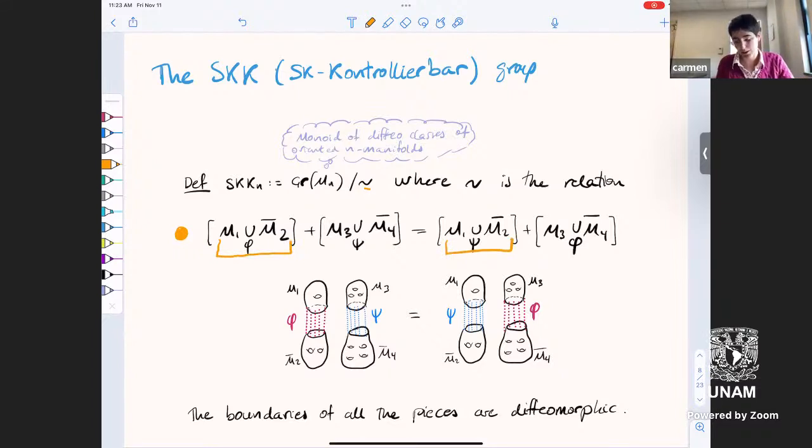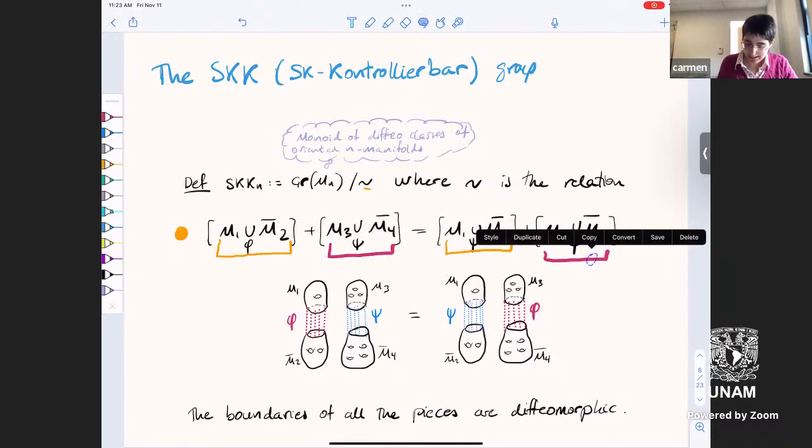You could say that those are SK equivalent, but then you also have this other component, M3, M4 with psi, and this is SK equivalent with that. Not only that, so if I just say that, then we will be missing an important detail. An important detail is that all of these pieces, M1, M2, M3, M4, all 4 pieces have diffeomorphic boundary.